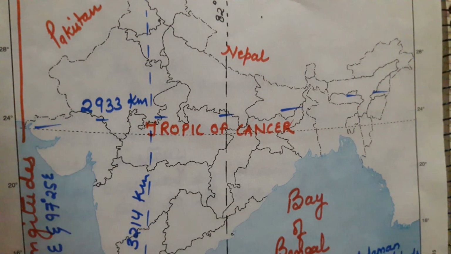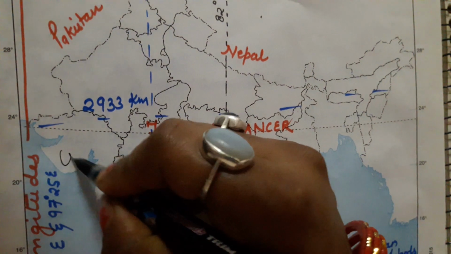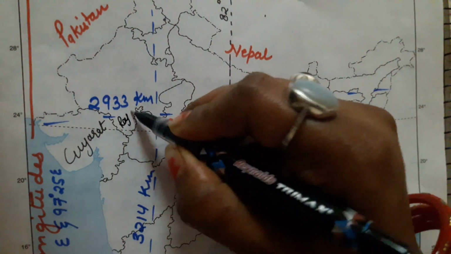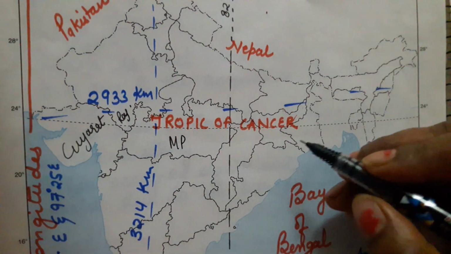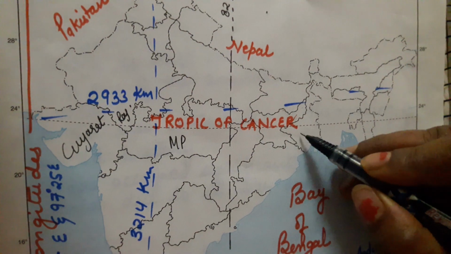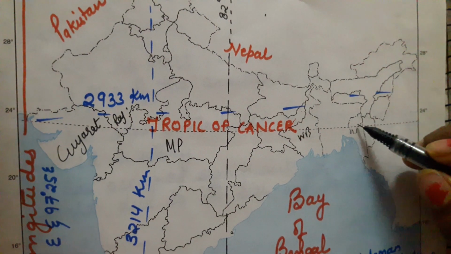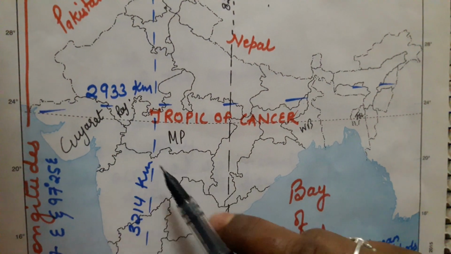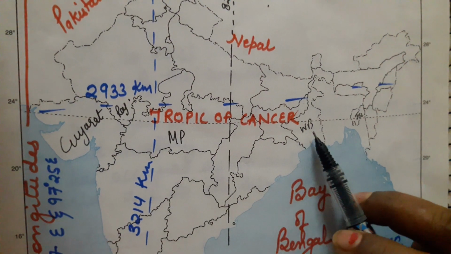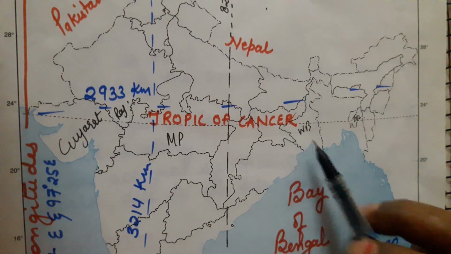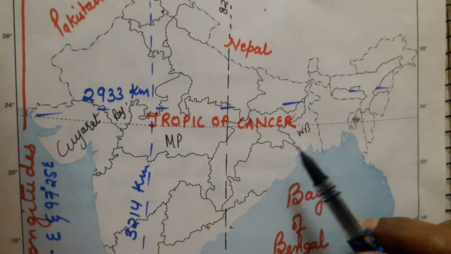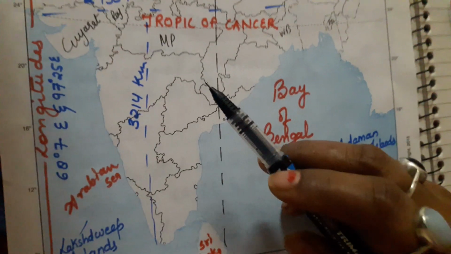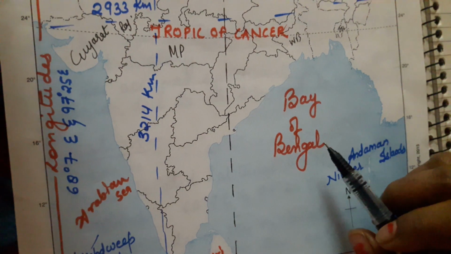The names of the states are Gujarat, then some part of Rajasthan, Madhya Pradesh, then West Bengal, and then Tripura. Now, our next topic is that India has two seas.